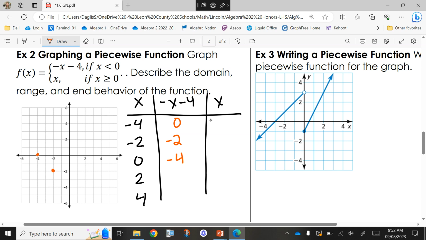Now I gotta be careful. This one gets our open dot. I know that because right here, it told me it was not equal to it. So that is where it stops. I have to show where my line stops, but we're going to do it with an open point because we're not including it in that graph. So this is our first function over here.